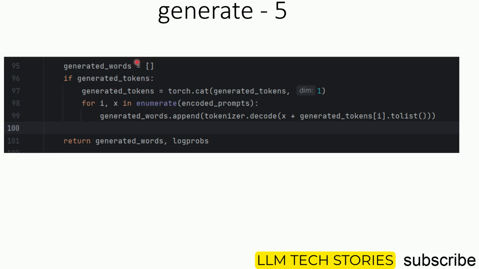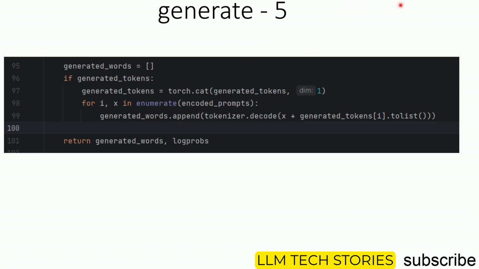Here what happens is it initializes an empty list generated words, and then whatever generated tokens were available in the previous step, it is checking if it is not empty. If it is not empty, then it is concatenating generated tokens along the first dimension, and then there is an iteration happening over the encoded prompts.